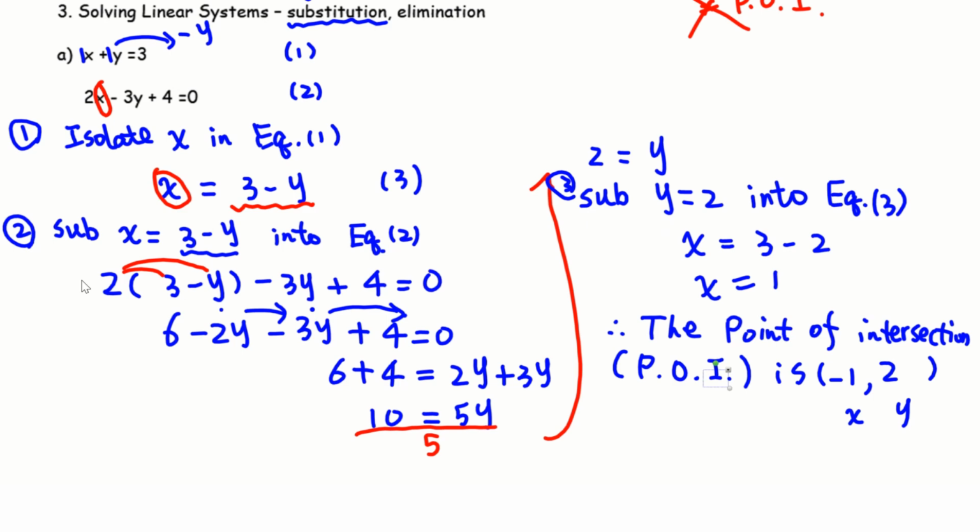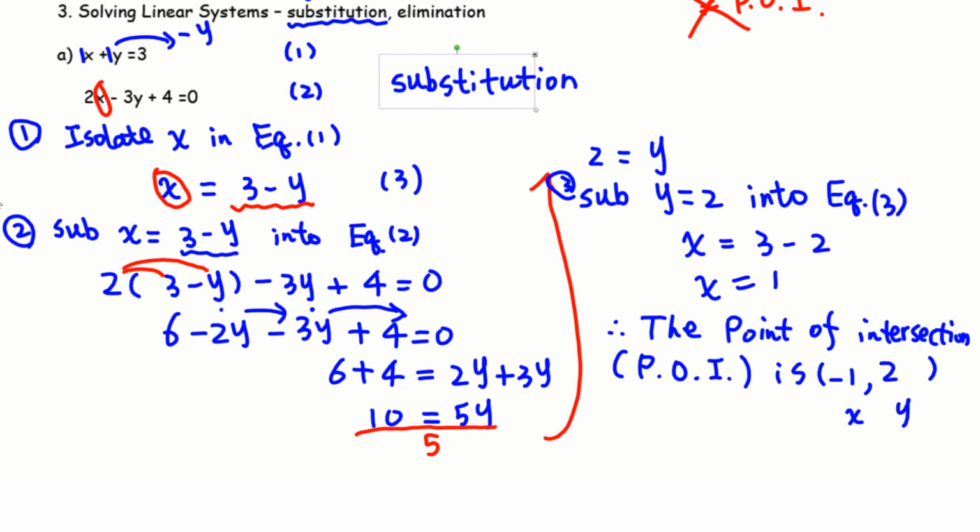So you have two substitution. Sub that variable solved into the isolated equation, then you have another variable solved. So this is called substitution method. For substitution method, you have two sub. Our goal is one equation have only one letter left.